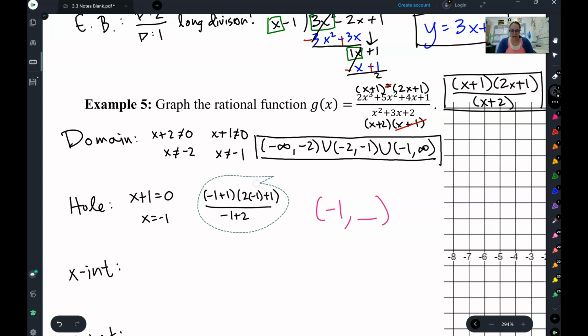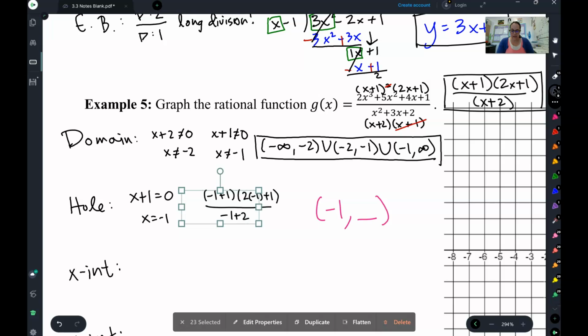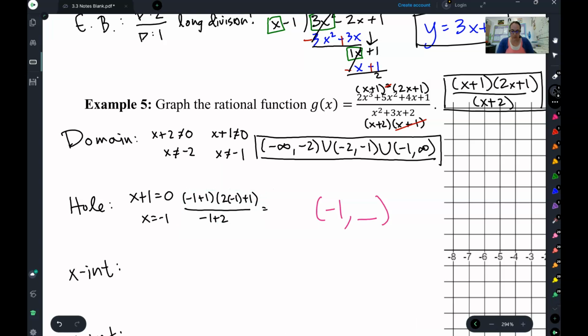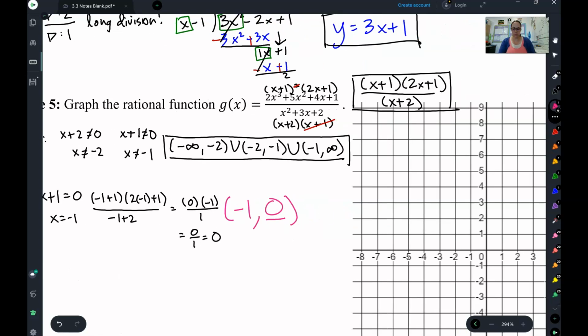And it looks like I get a 0 times, let's see, 2 times negative 1 is negative 2 plus 1 is negative 1. All over negative 1 plus 2 is a 1, which equals 0 times negative 1 is 0 over 1, which is 0. So my hole is going to be at negative 1 comma 0.